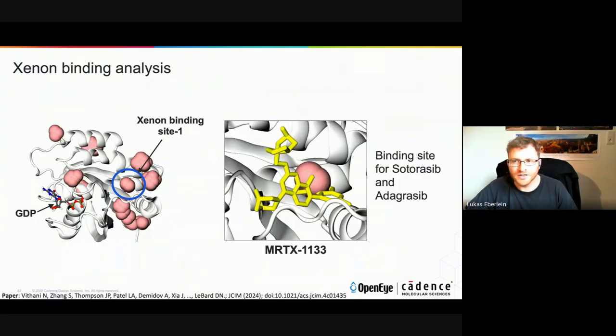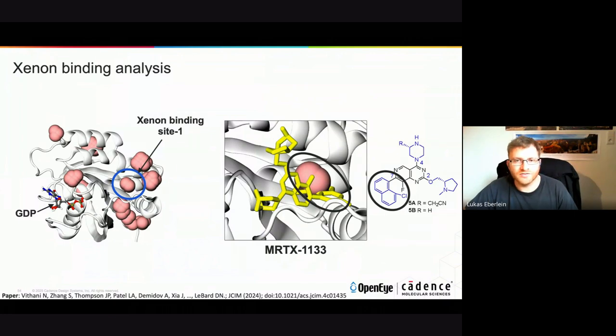Let's see how many of these binding sites are experimentally validated, and start with binding site 1. The top ranked pocket from this dynamic probe binding analysis is actually the binding site where the 2 FDA-approved drugs bind. And we even see that the xenon binds in exactly the same region where the apolar part of the inhibitors binds.